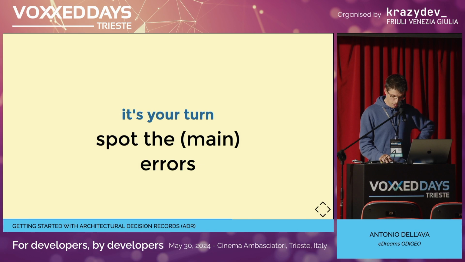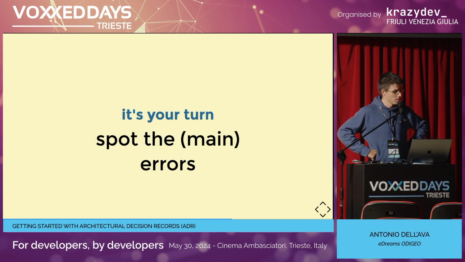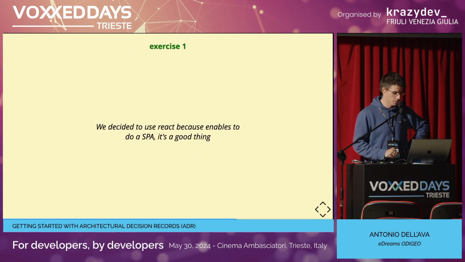So, I would like to do another exercise with you. I created a list of bad ADRs, and I would like to find the problems with you. Let's start with the simplest one, this one. We decided to use React because it enables us to do a single page application.